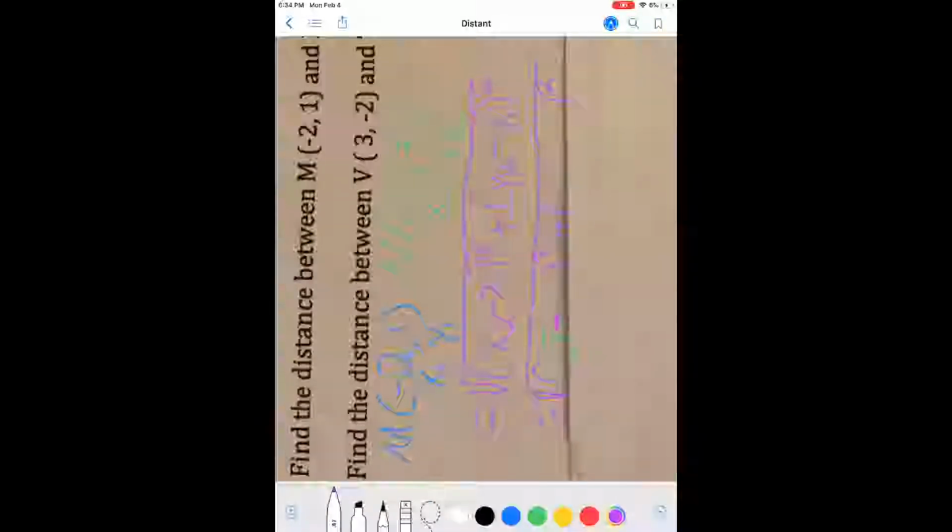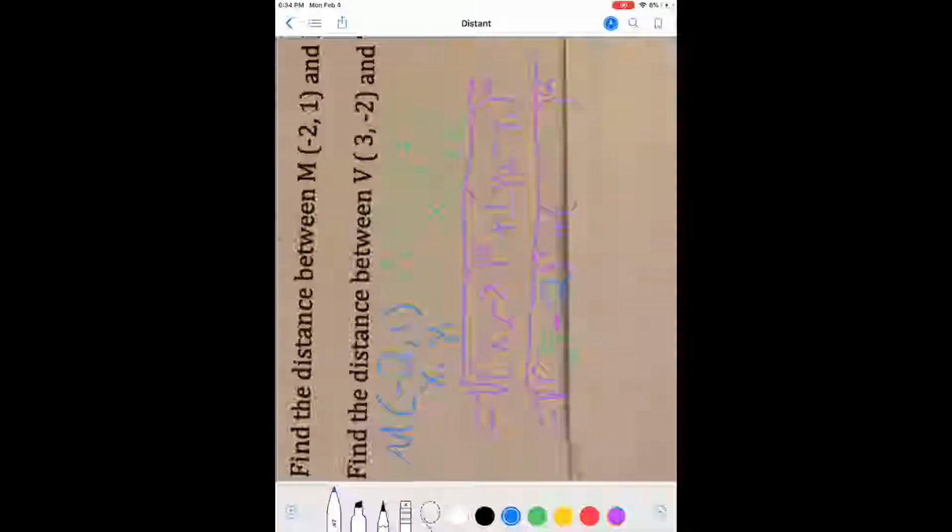We still have equals the square root, we still have two parentheses squared, and we still have the addition in the middle, but the values are going to change. Our x2 was -5, so we'll have -5, we still have subtraction in the middle, and then our x1, which is -2.